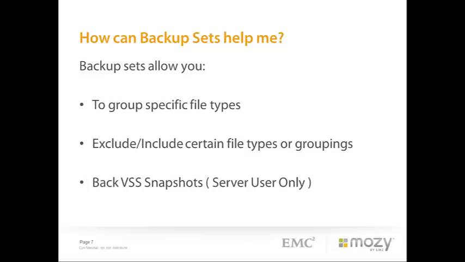Then we can pick them up, and these VSS backup sets are created automatically by the operating system itself. Using that, we can back up those databases quickly and easily. I'll show you some of those VSS snapshot backup sets in a moment when we're going through the walkthrough. It allows you a quicker and easier way to back up a large database.